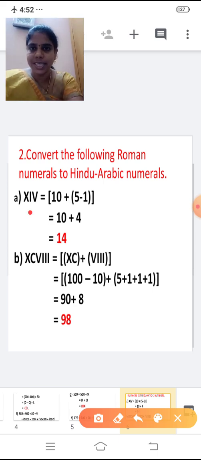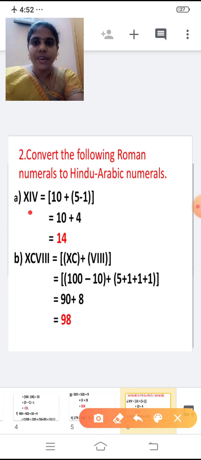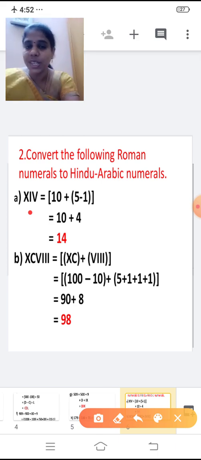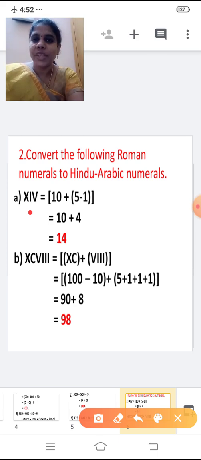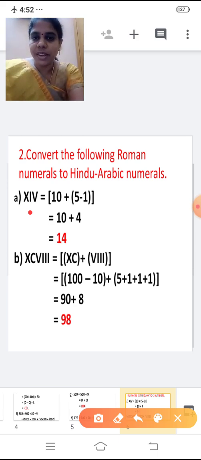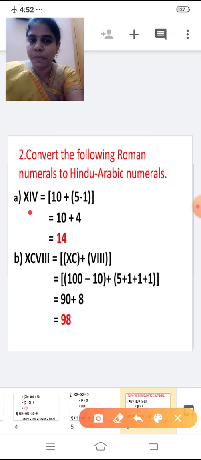A, XIV. See, in this, the smaller one is in between the two larger ones, right? So, what do you have to do? The smaller one is there, so in that case, just split that.